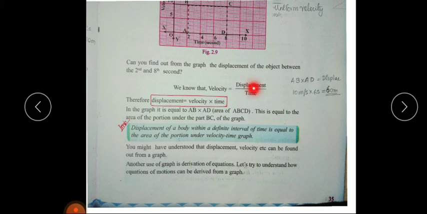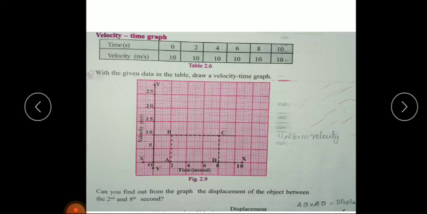So using this equation we can write displacement is equal to velocity into time. In the graph you can see AB is the velocity and AD is the time. So velocity into time gives displacement. That means AB into AD gives displacement.